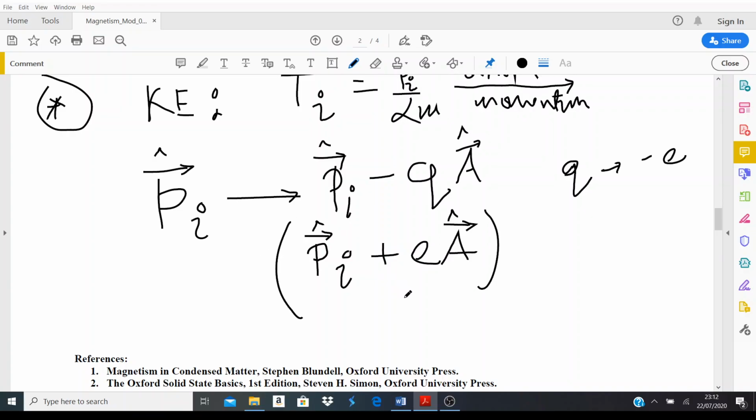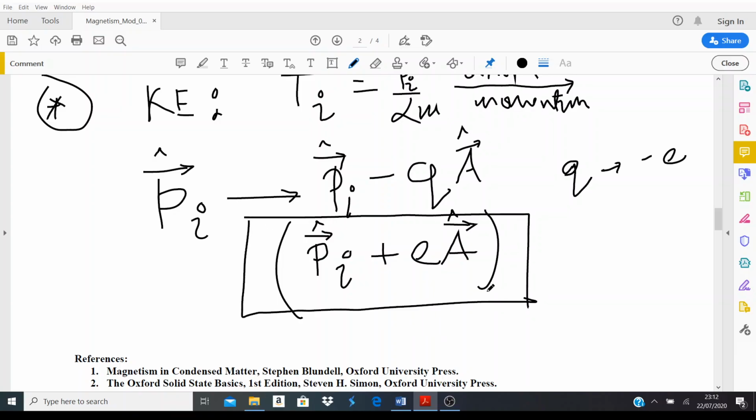This is called the minimal coupling term, that you have to replace the momentum by p plus eA. Take this as a rule and you will see the consequence later. As you go along in future, you will understand different angles or perspectives of this statement. That's our important canonical momentum.